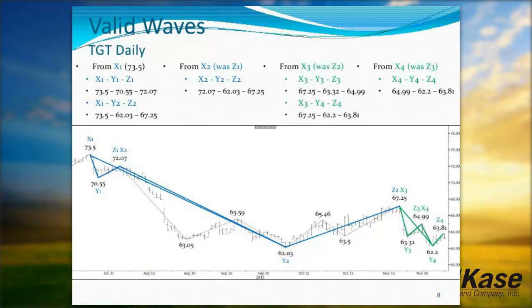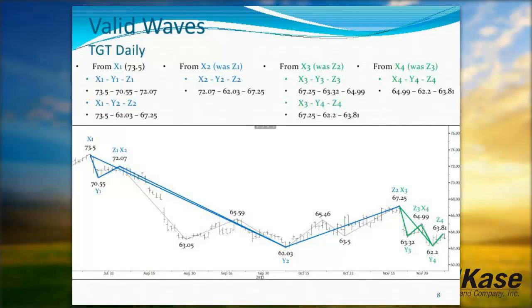That means that for us to pick more waves down from X1, they would have to be lower than the Y2 Z2 leg, meaning that we'd have to make a new low below 62.03. Because the 62.20 swing low and the 63.32 swing low are both above 62.03, we don't pick those waves.